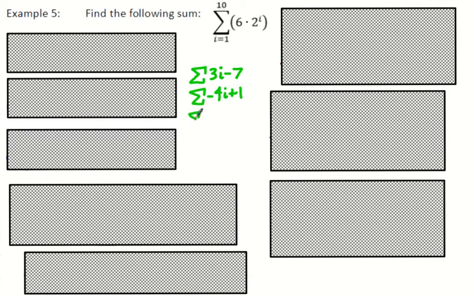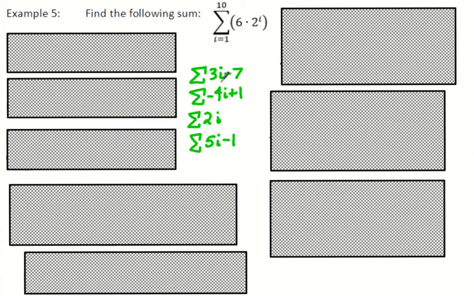Or you're just going to see 2i. Or 5i minus 1. So those are four pretty quick examples of what an arithmetic summation would look like. And when I look at all of those with my experience, I just go, oh, that's arithmetic. I already know it's arithmetic, and so if I need to, I can use the arithmetic formula.